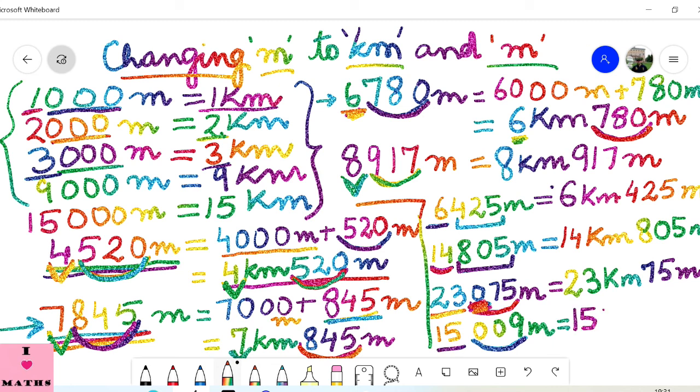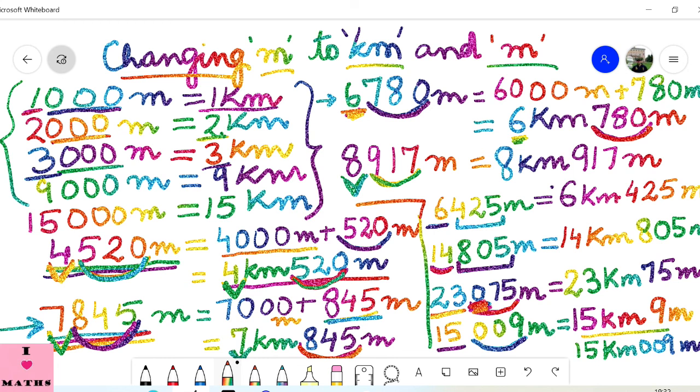So this is 15 kilometers 9 meters or 009 meters, both are correct.